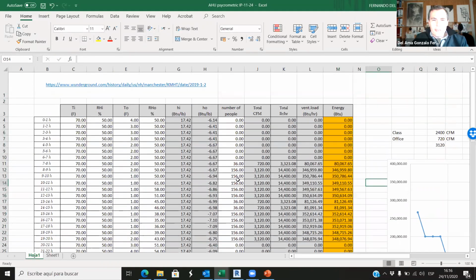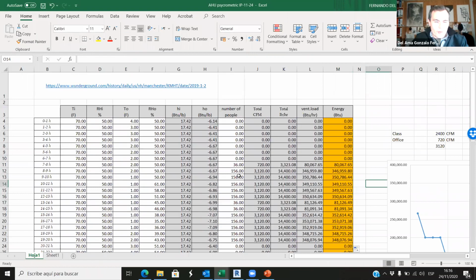There you go. Okay, so this is the Excel file that you have, or you can download from the website. Here we have the indoor temperature, the relative humidity, outdoor temperature, outdoor relative humidity, indoor and outdoor enthalpies, number of people. With the number of people, we calculate the total CFM.